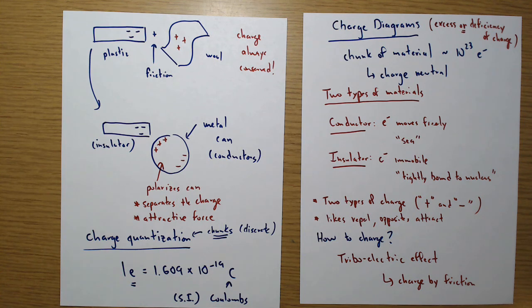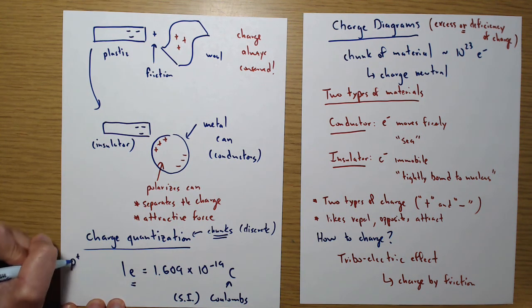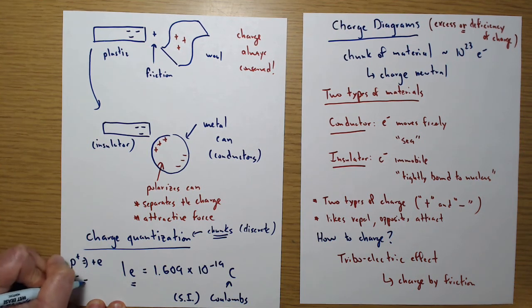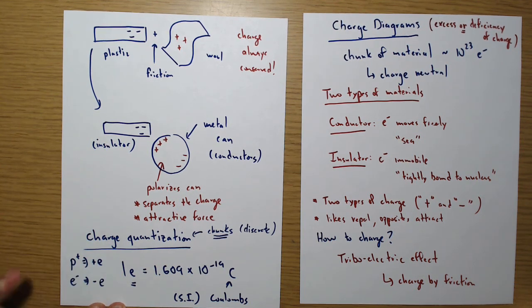And the proton carries exactly a charge of plus E, where the electron carries a charge of negative E. And this is very interesting that these two particles carry exactly amounts of equal charge, but plus and minus.